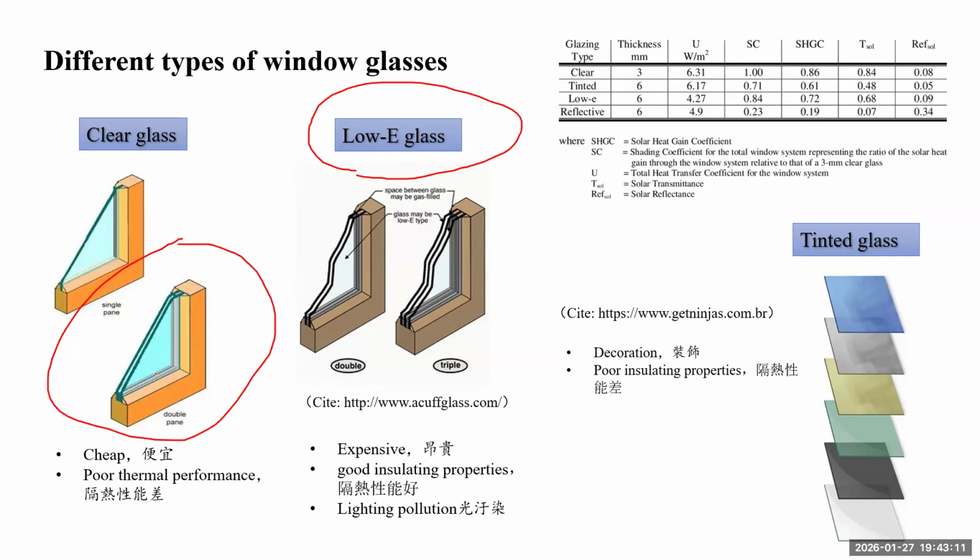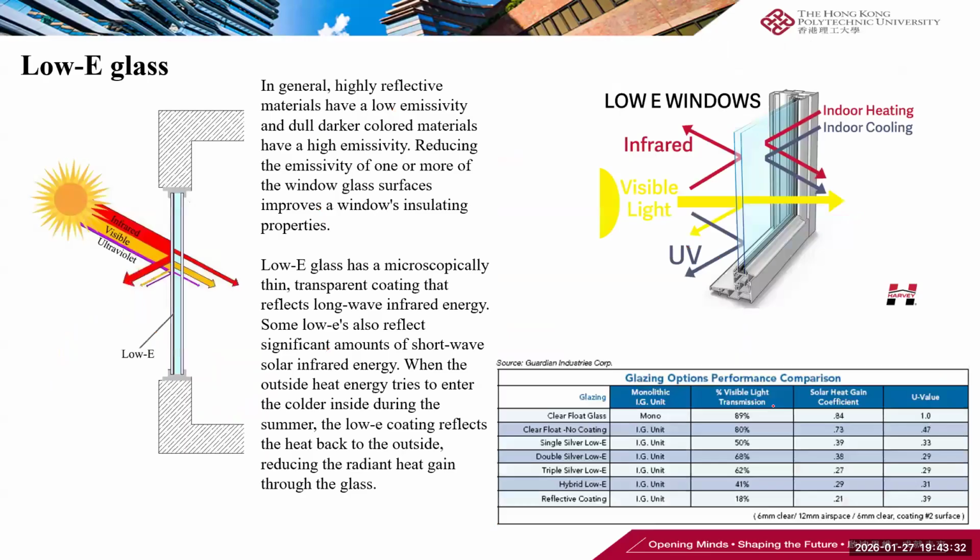And very commonly for our buildings, we are using tinted glass, with different nanoparticles to absorb some of the solar spectrum to reduce solar heat, but then it becomes hot.